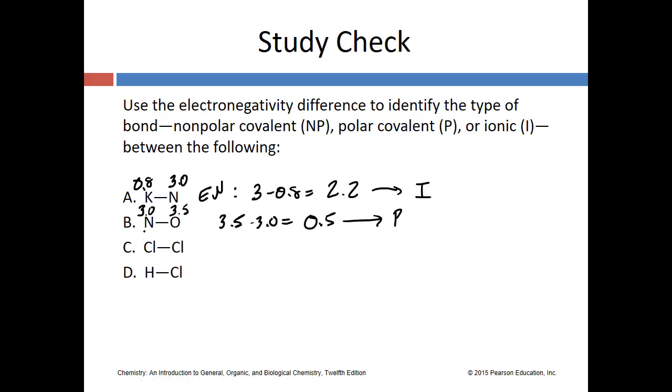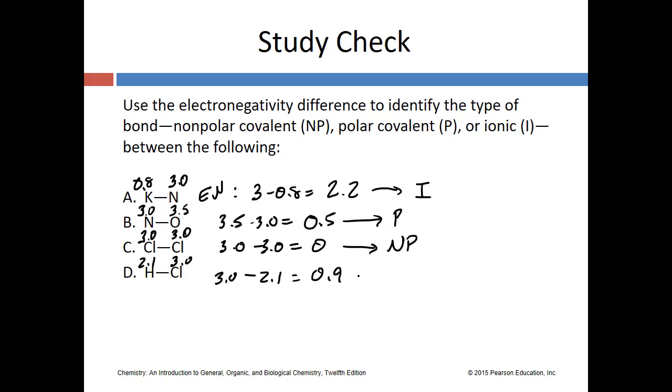Chlorine to chlorine, well, chlorine's 3.0. 3.0 minus 3.0 is 0, so this would be nonpolar. Hydrogen is 2.1. 3 minus 2.1 would be 0.9.